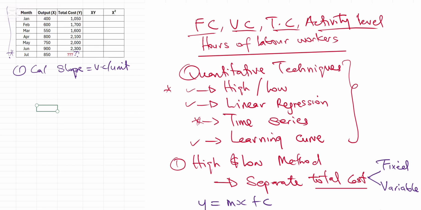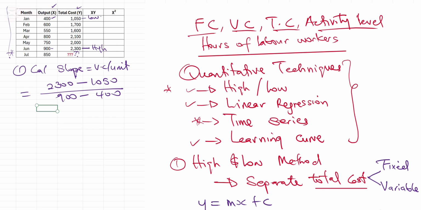And that's why you need to ask yourself, the highest point is here, this is high, and this is the lowest level of activity. And you know total cost is your y-axis, and output is your x-axis, which is the quantity. So which means y2, and that is 2300, minus low y, which is 1050, divided by 900 minus 400.